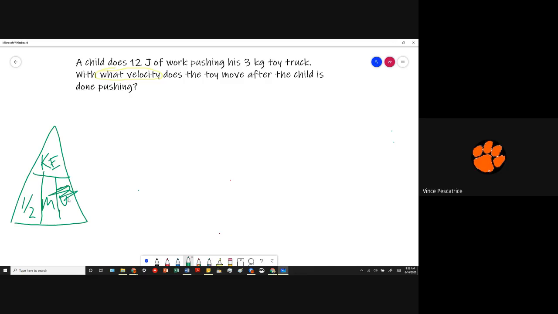So I'm going to cover this up to reveal that you're going to have kinetic energy divided by 1/2 of your mass, and that will equal v squared. So this is the equation that you're using right here to find v squared.